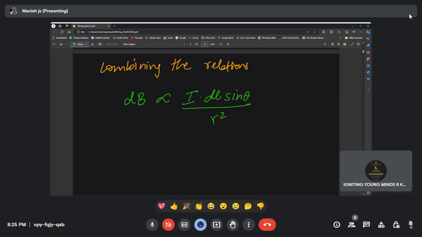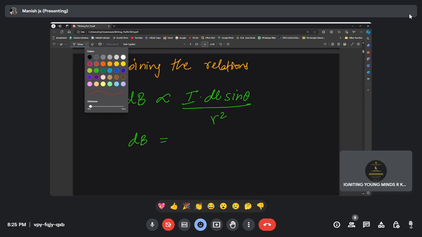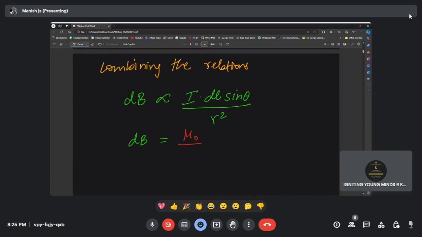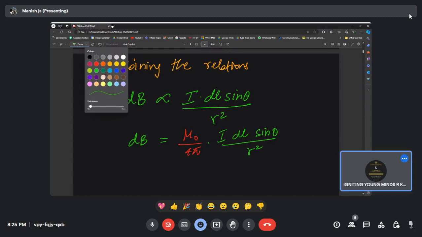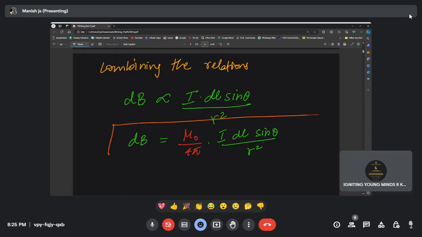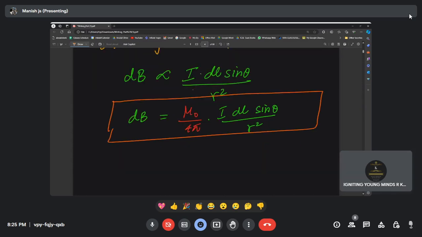Now when I remove the proportionality sign, we have to introduce a proportionality constant, which is mu naught by 4 pi, shortly k. So dB equals mu naught by 4 pi times I dl sin theta upon r square. This is your final expression for the Biot-Savart law. Here mu naught by 4 pi is basically your constant, where mu naught is the magnetic permeability.